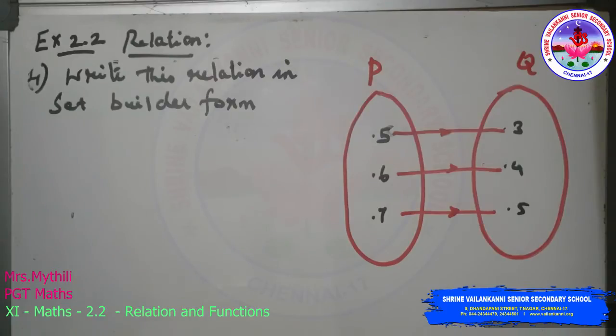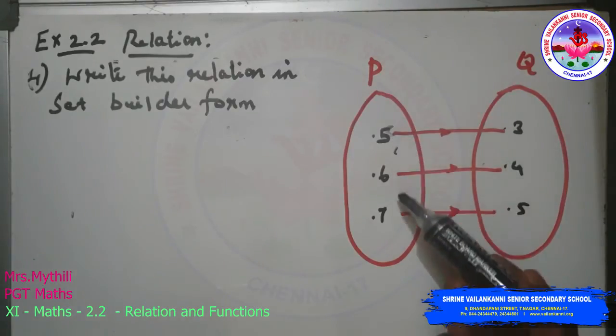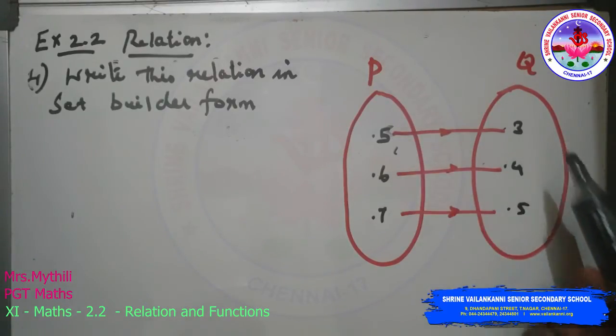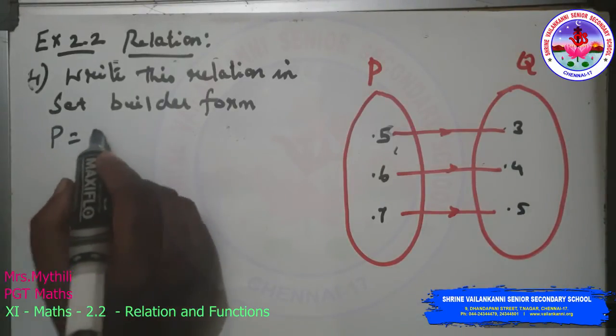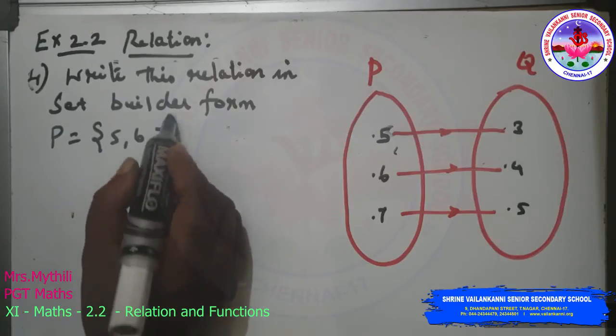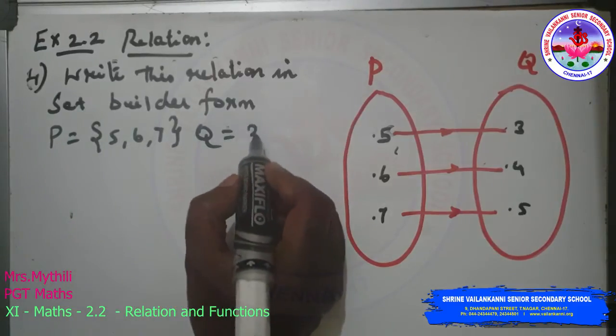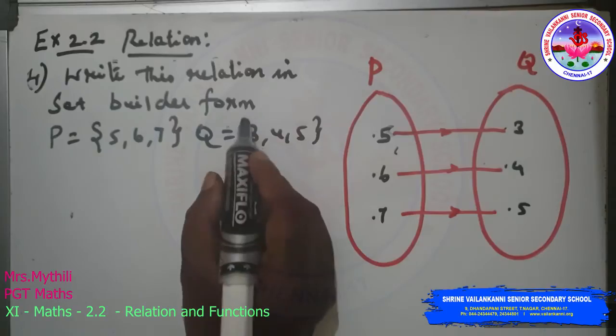So fourth one, the figure shows a relationship between the sets P and Q. Write this relation in set builder form, roster form, and what is its domain and range. So P = {5, 6, 7} and Q = {3, 4, 5}.